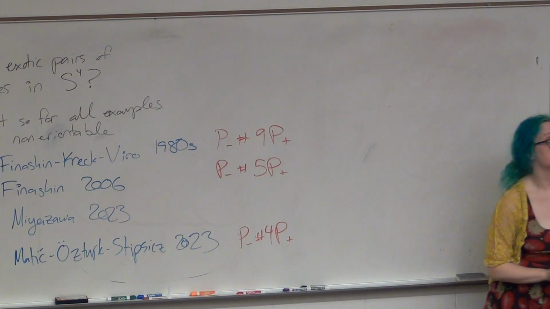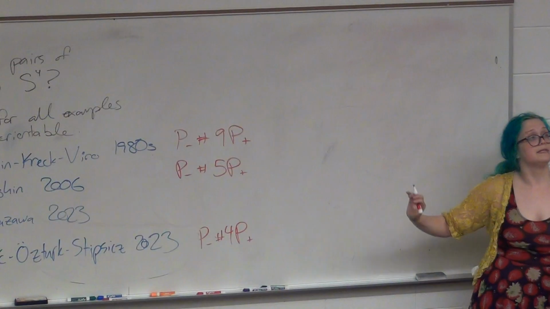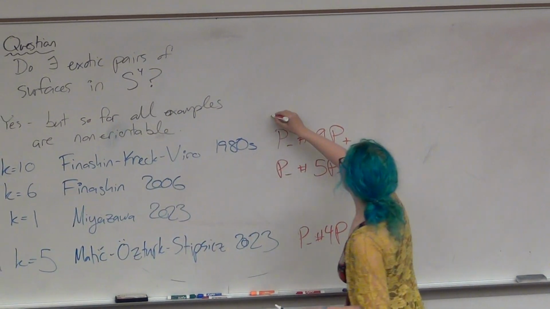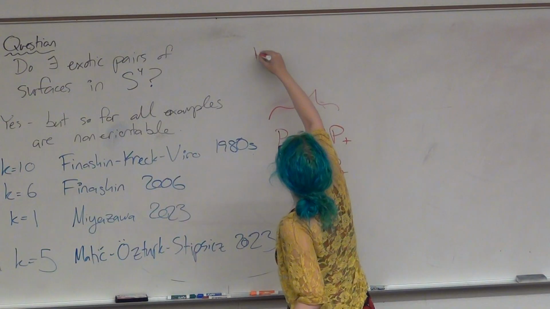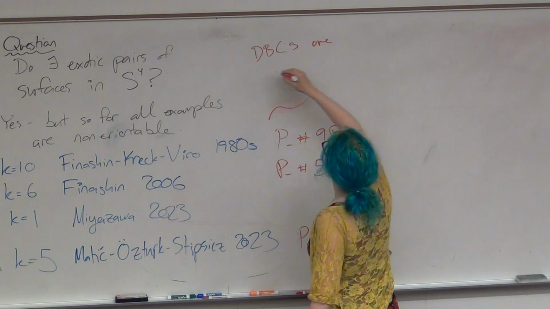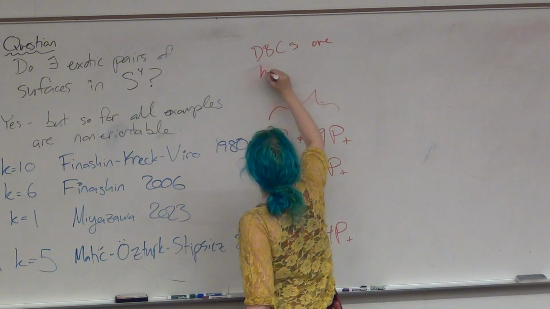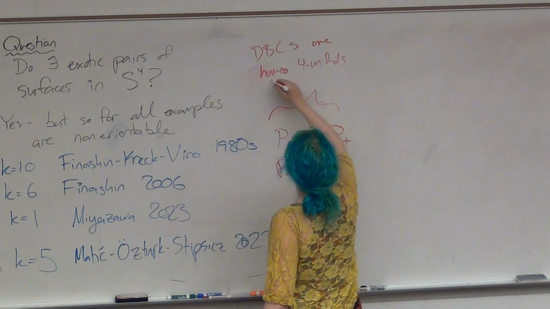And in all three of these papers that I've just written in red, the way that they distinguished these surfaces is to look at their double branched covers. In all cases, the double branched covers of the surfaces that they consider are homeomorphic four-manifolds, but not diffeomorphic.